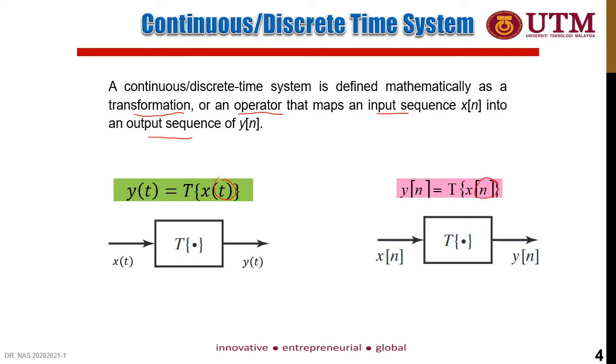If you have an input signal as x(t), the signal is transmitted into a system, so the signal is processed or transformed. The capital T represents the transformation. So then the output is generated. Same goes for the discrete time system.